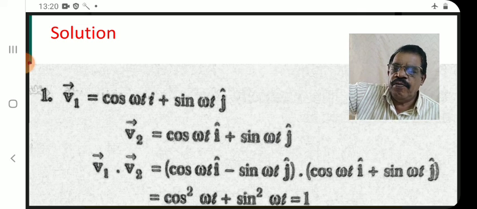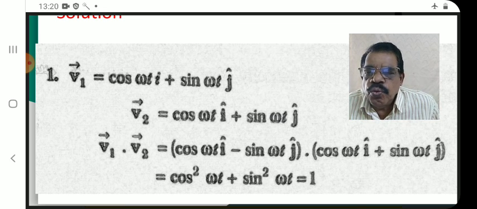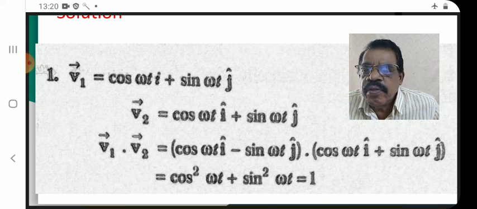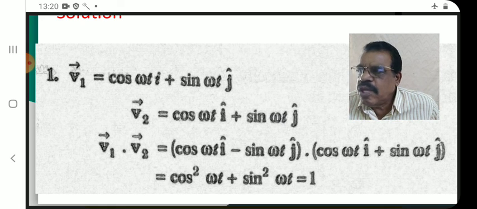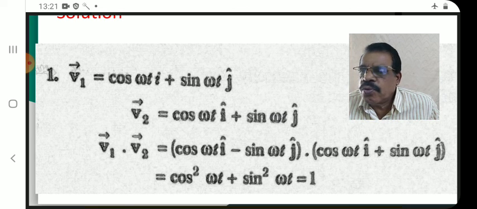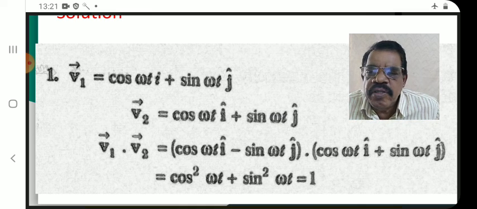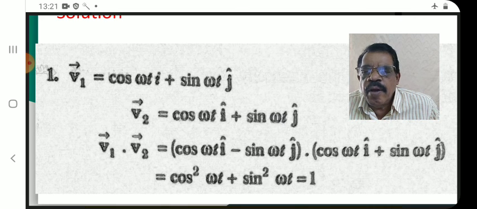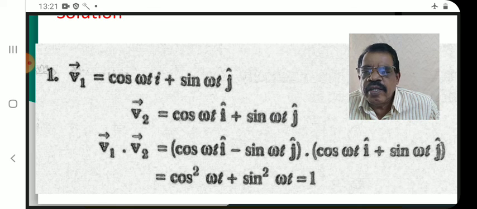The modulus is the root of cos squared omega t plus sin squared omega t, the whole root. Cos squared omega t plus sin squared omega t is 1, its root is 1, so the answer is 1. Multiplying the velocity by the complex conjugate also gives the answer 1.